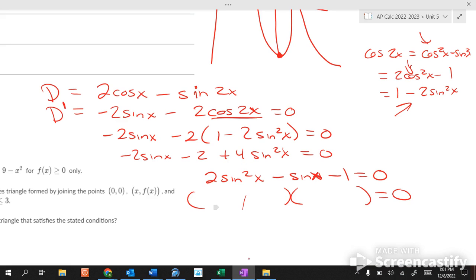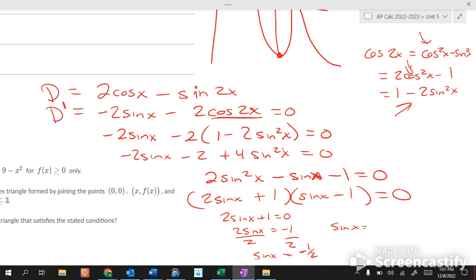Let's factor this. 2 sine of x and sine of x. Plus and minus, what are the factors of 1? 1 and 1. So 2 sine of x plus 1 equals 0, or sine of x minus 1 equals 0. So sine of x equals negative 1/2.